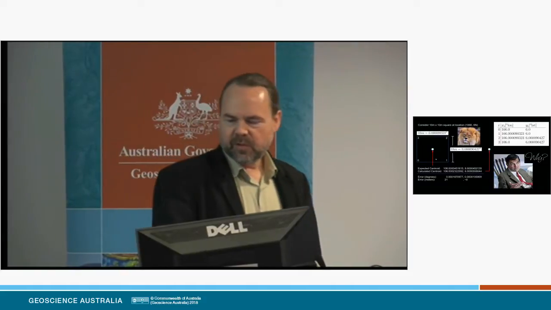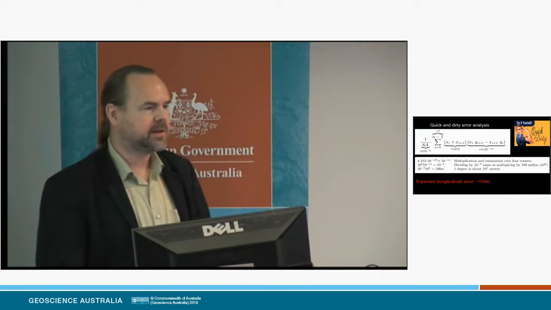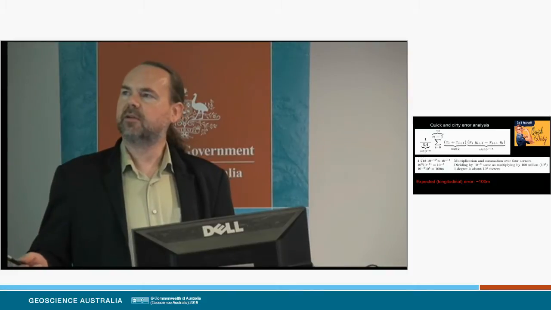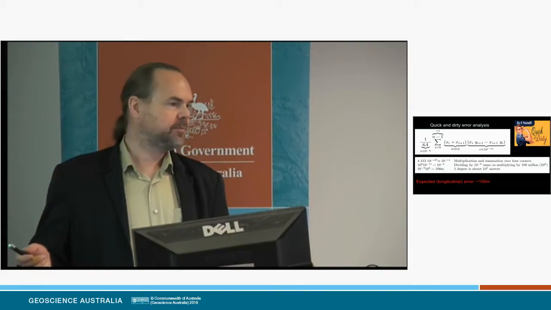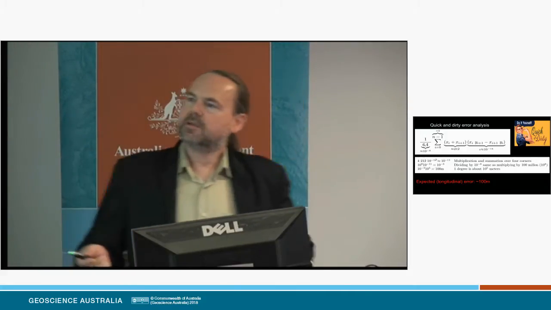All right. So the way to understand that is to do what's called an error analysis, quick and dirty. You go back to the formula and stick in, let's assume that the error here is almost negligible, 10 to the minus 14th in this term. And then we start applying the formula on paper. Let's multiply this error by 2 to the 12, and we've got 4 corners.